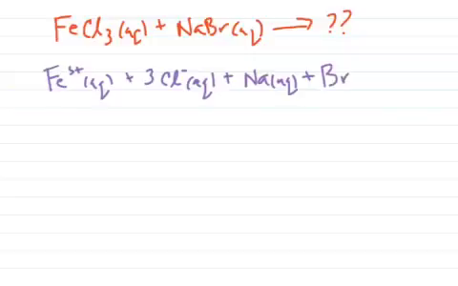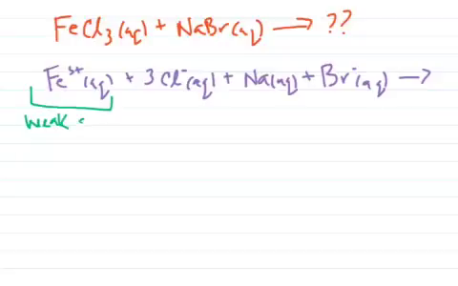So if I break it up, I can maybe see what's going on. All right, first thing I notice, I have a metal. Metals that are small, highly charged transition metals are weak acids. So I know this is a weak acid.